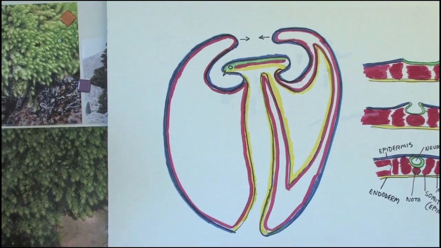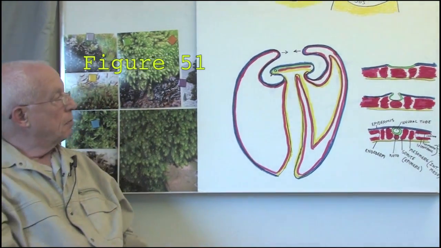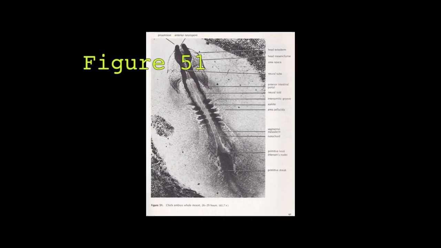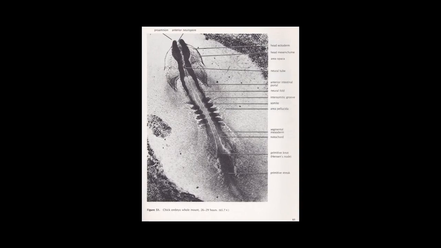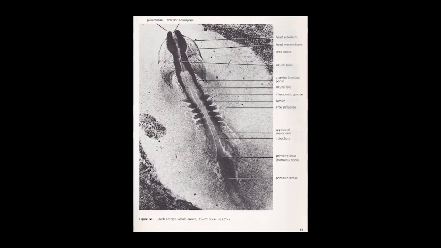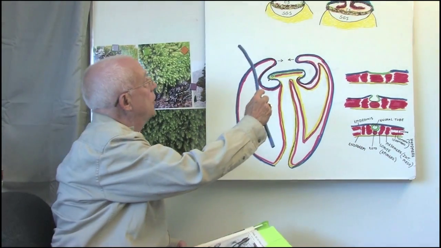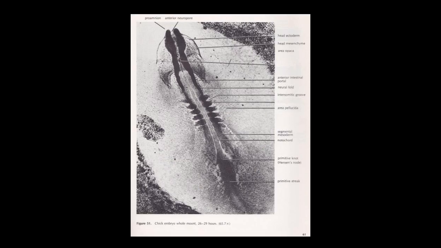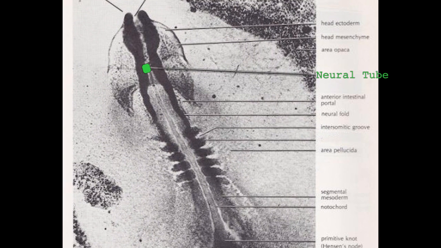If we take a look at slide number 51, here we see a 26 to 29 hour chick embryo. And here again, you could see the whole neural tube forming. And you can see the somites beautifully.